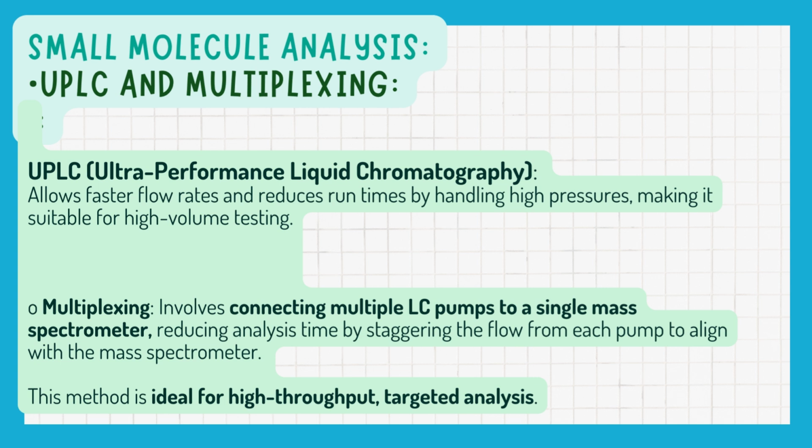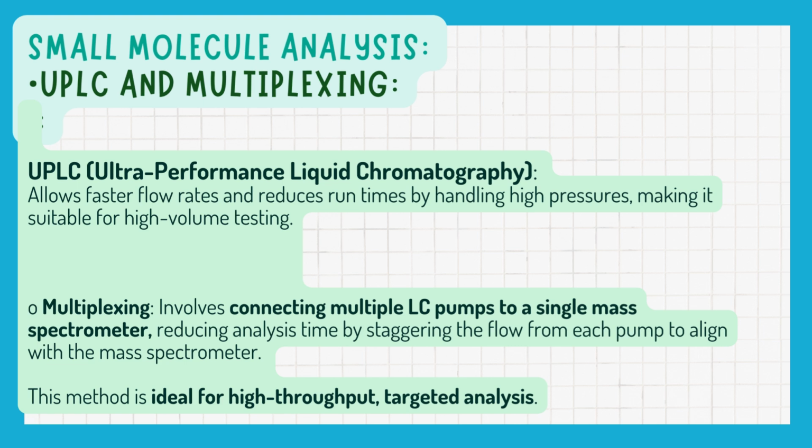UPLC, or ultra performance liquid chromatography, permits faster flow rates and reduces runtimes by handling high pressures. So if we are doing high volume testing, that's the time that your lab must use UPLC.